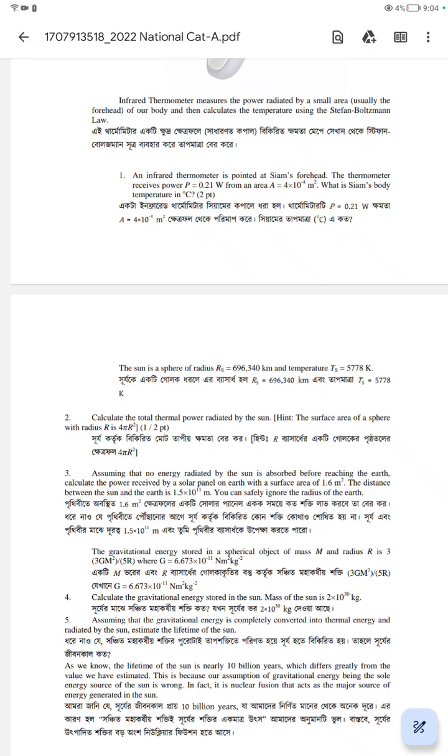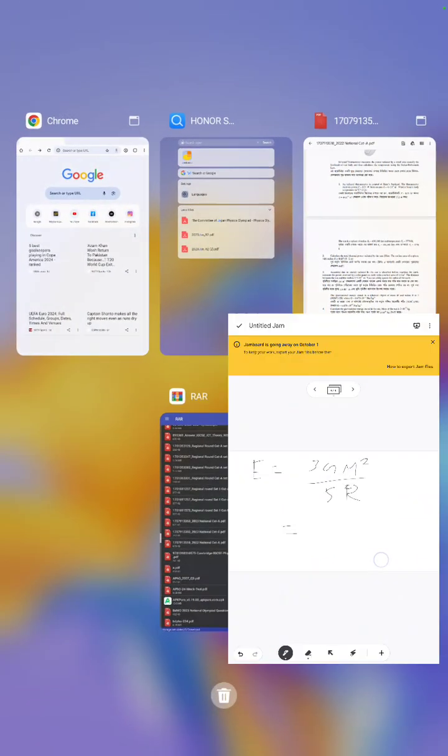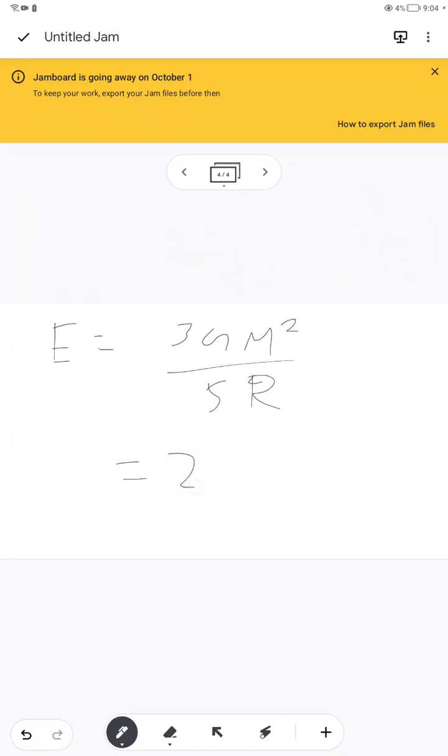So in the calculator, you can put 5 times 696,340 kilometers, and then multiply it by 10 cube. That should do it. And we have our answer, 2.30 times 10 to the 41, and the unit for energy, which will be joules.